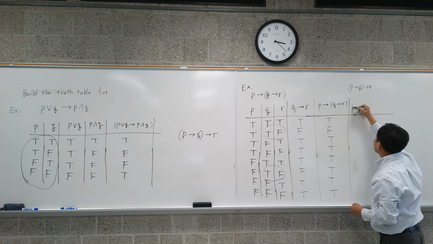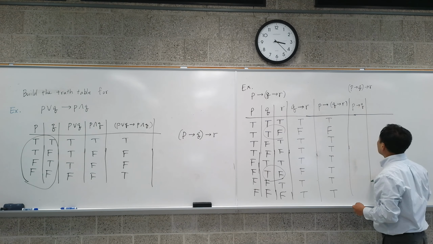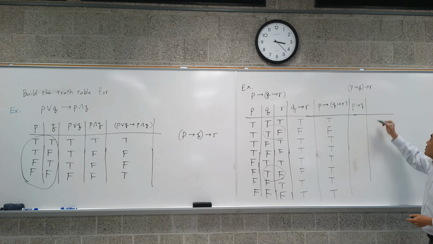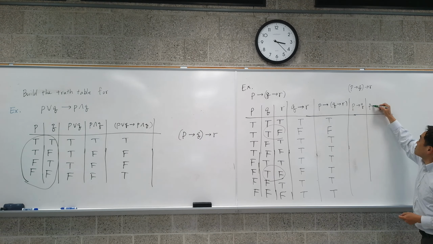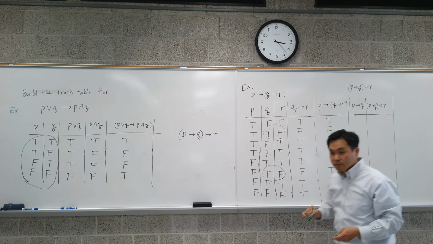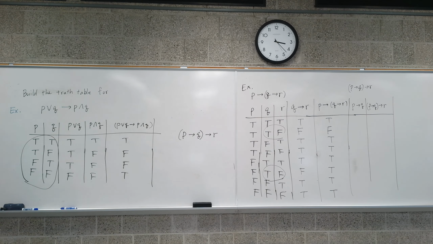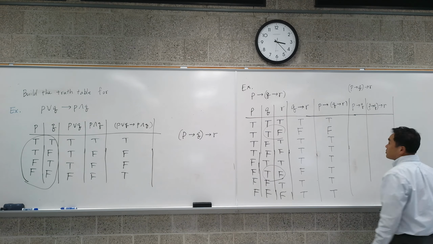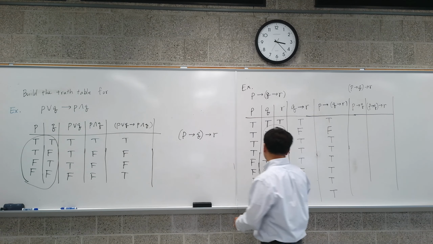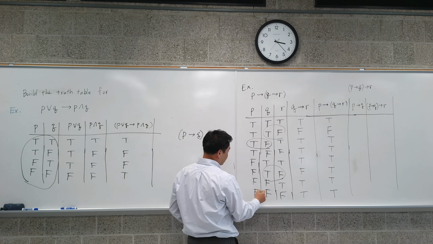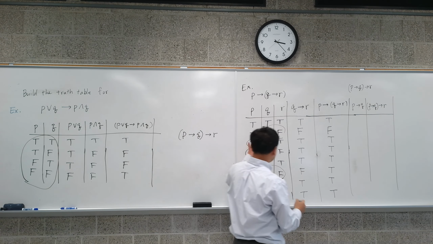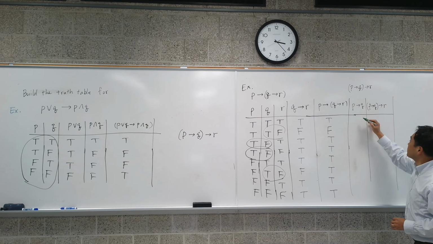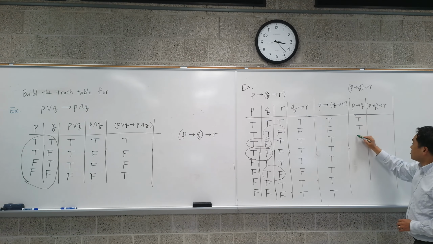So for this one, we need to build the column for P implies Q. And then using that, we need P implies Q implies R. P implies Q, well, again, you just have to watch out for TF, because these are the two places that are going to give you F. Otherwise, it's all true.